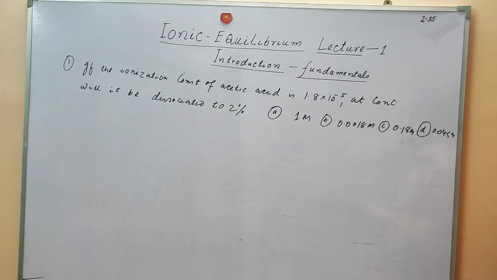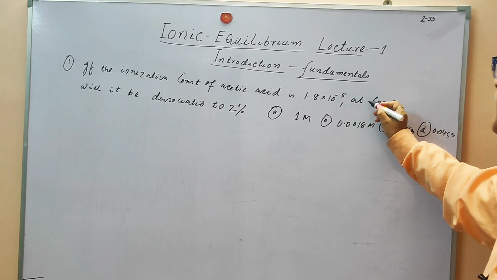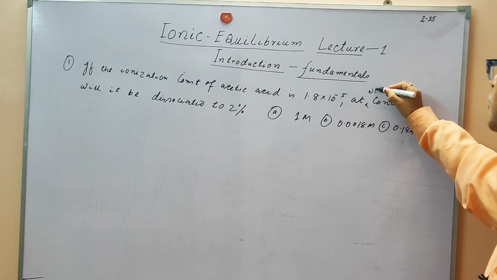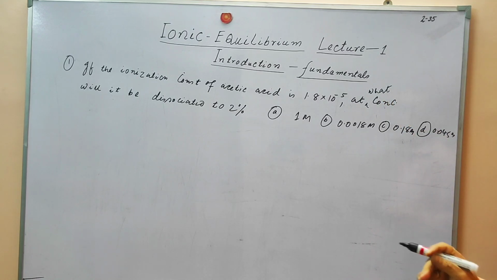This is a very interesting problem. The numerical says that if the ionization constant of acetic acid is 1.8 × 10⁻⁵, at what concentration will it be ionized to 2%?